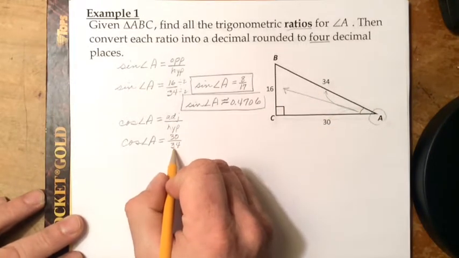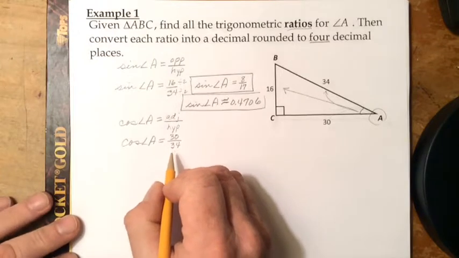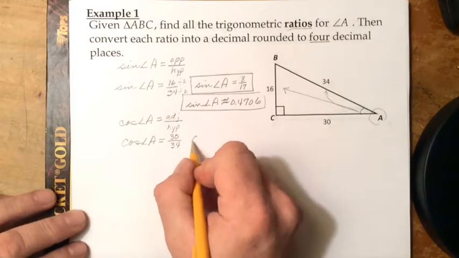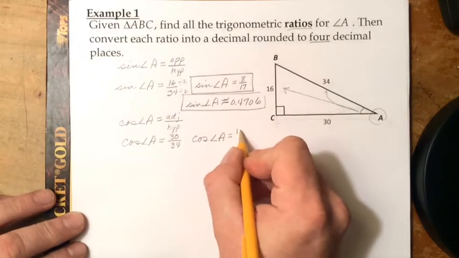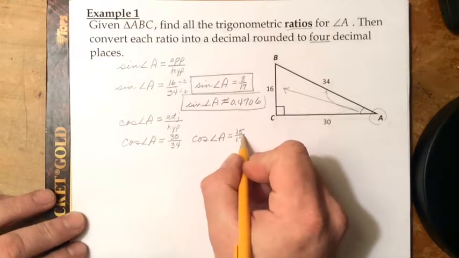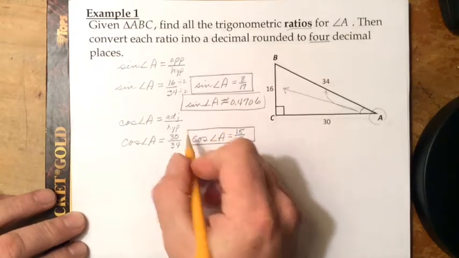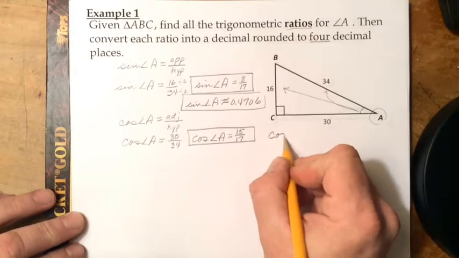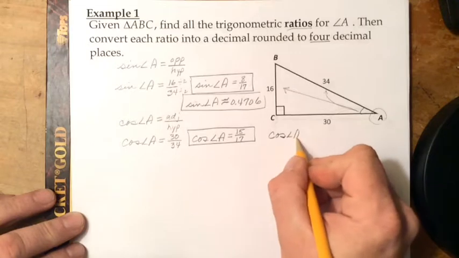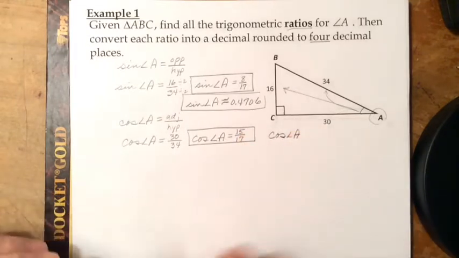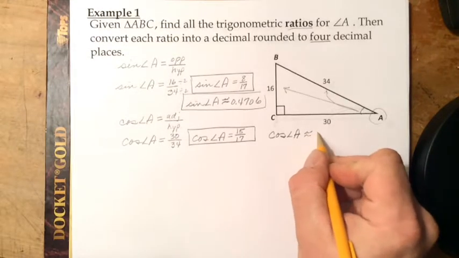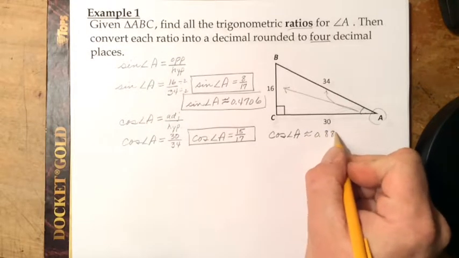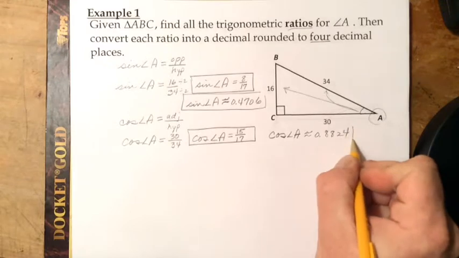Again, this simplifies, so we reduce it by 2. And the cosine of angle A is 15 to 17, or 15/17. Converting to a decimal, taking 15 and dividing it by 17, we get approximately 0.8824, rounding to 4 decimal places.